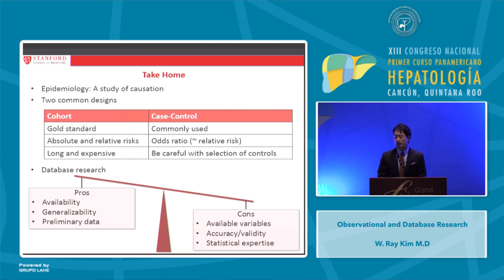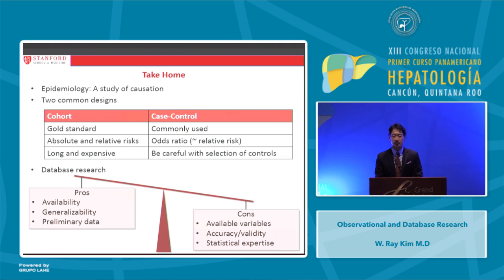Case control studies are the opposite of that. It is very commonly used because it's not long or expensive, doesn't necessarily need to be. It gives you an odds ratio that is roughly the same answer as relative risk. But again, you need to be careful with selection of cases and controls.